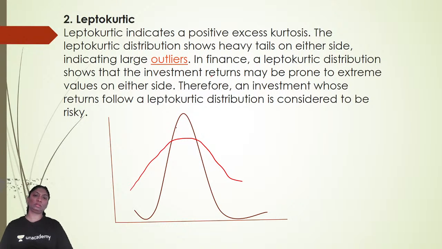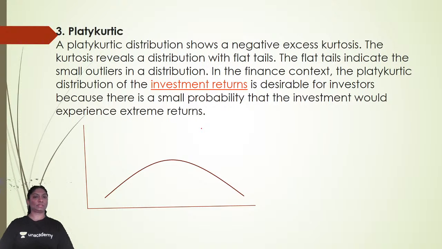The leptokurtic distribution gives peakedness as compared to the normal distribution, so it gives a risk.